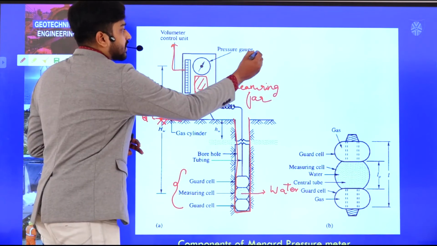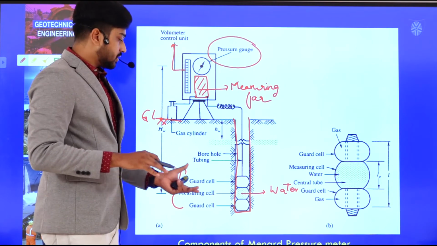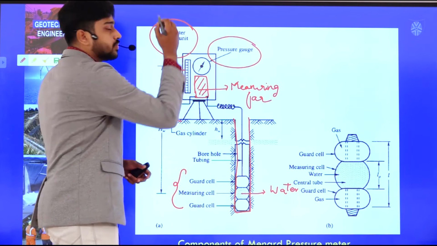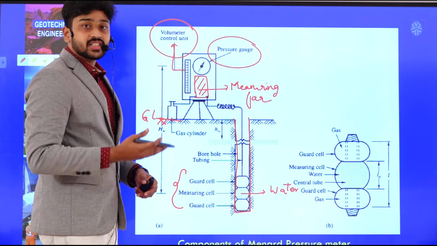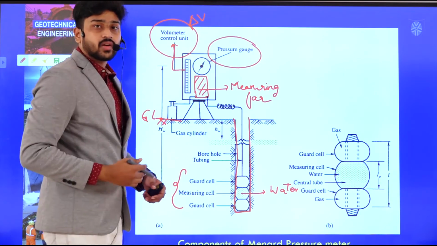For every reading we can determine the pressure applied with the help of this pressure gauge, and the change in volume, delta V, can also be recorded.